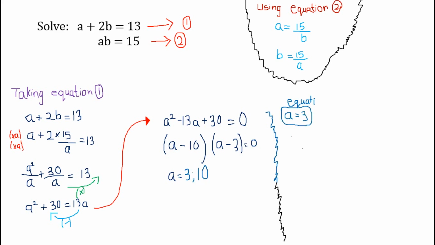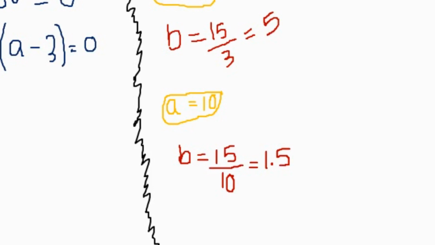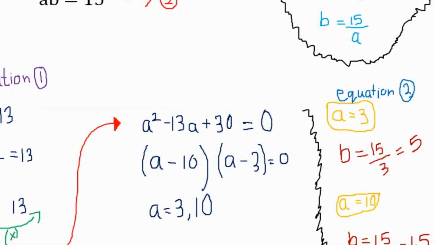So by using equation number 2, in which we have already subjected b equals 15 divided by a, we can find the values for b. So when a equals 3, b will be equal to 5. And in the same way, when a equals 10, b will be equal to 1.5. Moving on to the next equation.